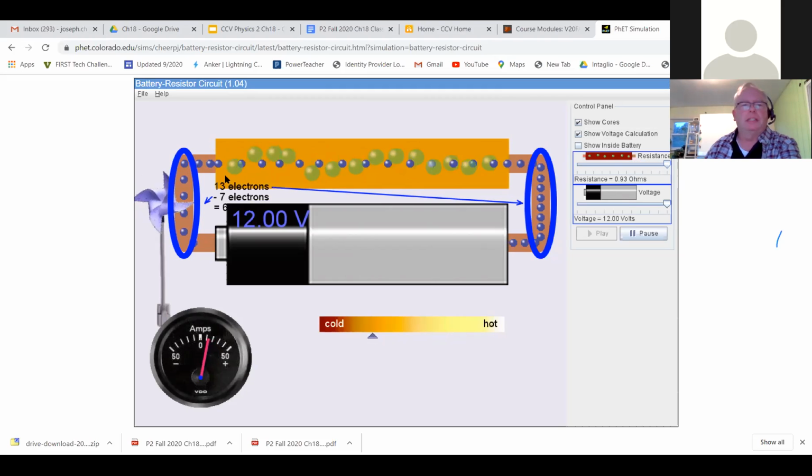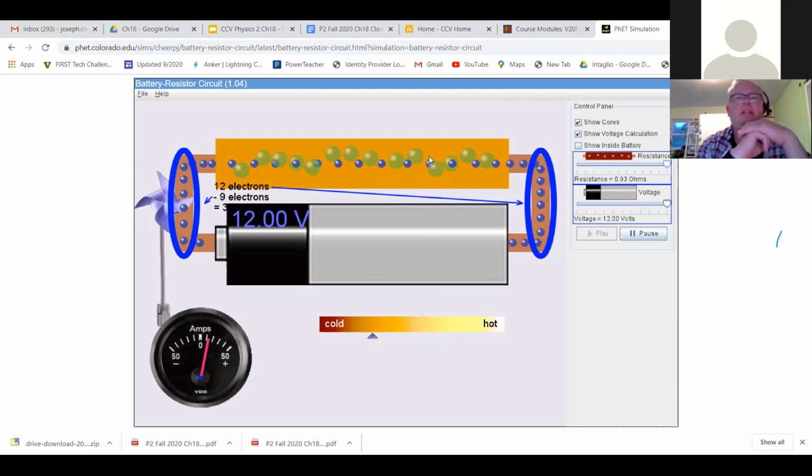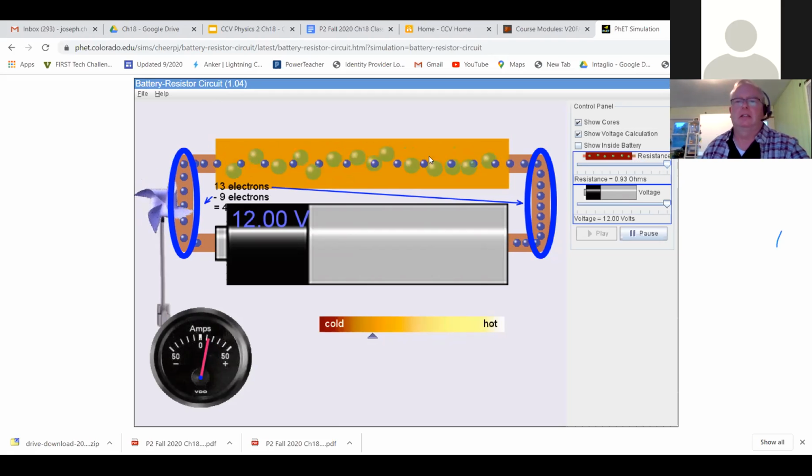Well, you can see there are more green dots in here. So there are more things to get in the way and have energy sharing collisions, which reduces the overall speed of the charges as they move through the resistance. The average speed at which they move through is called drift velocity. You can see the blues are sort of drifting through the greens.